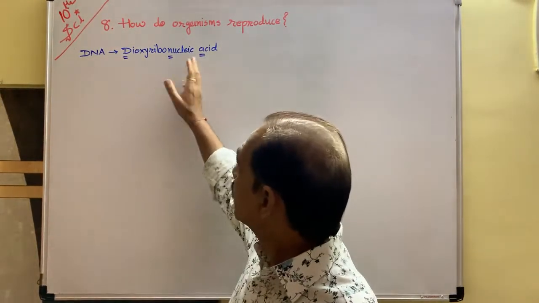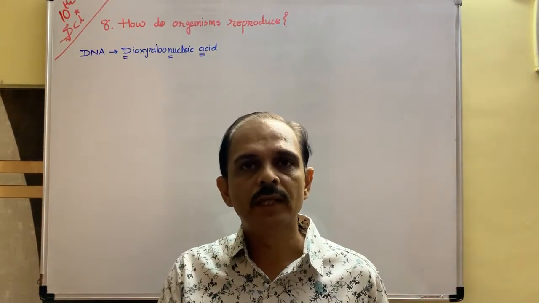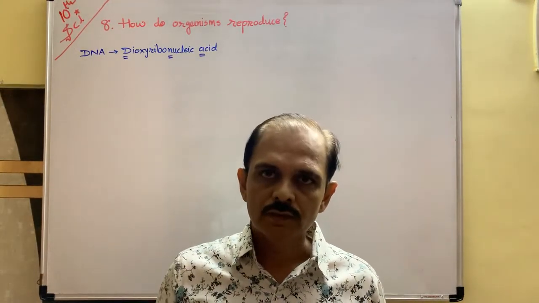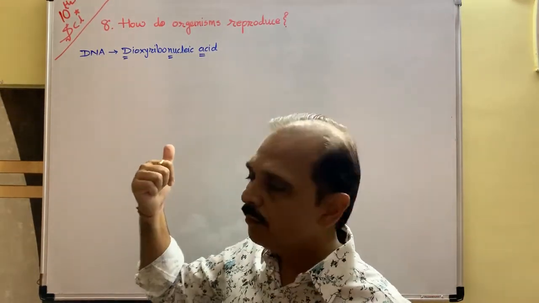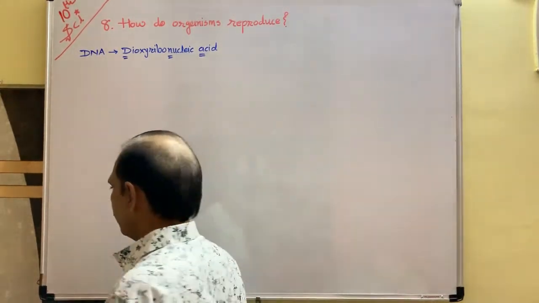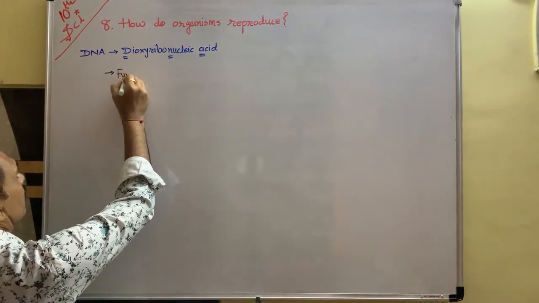If it is a nucleic acid, then you can easily say that it is made up of nitrogen. Okay? If it is made up of nitrogen, then the main function of DNA is to produce proteins.